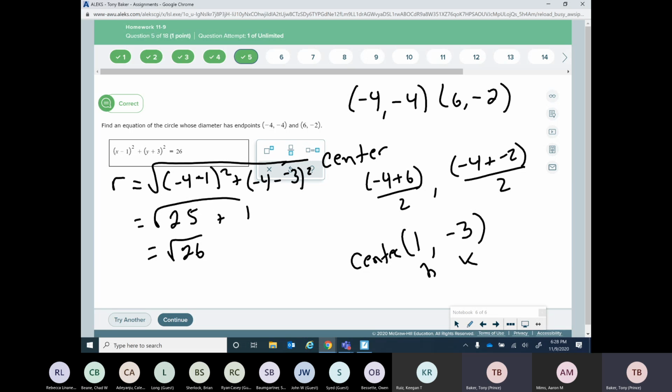So we're going to take negative 4 plus 6 and divide it by 2, and then negative 4 plus negative 2 divided by 2. So that's how I got the 1 and the negative 3.